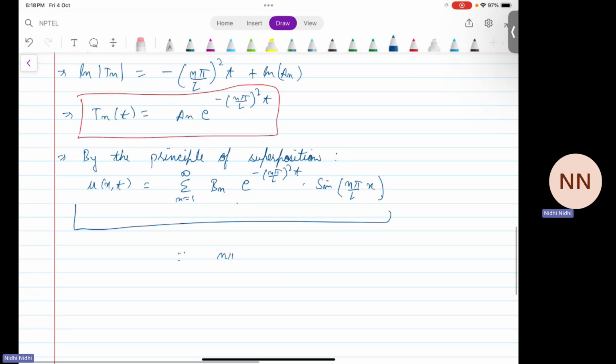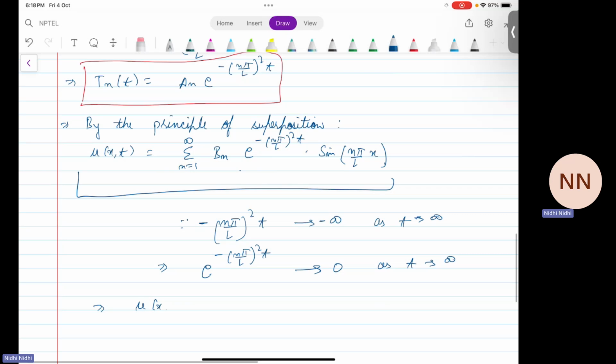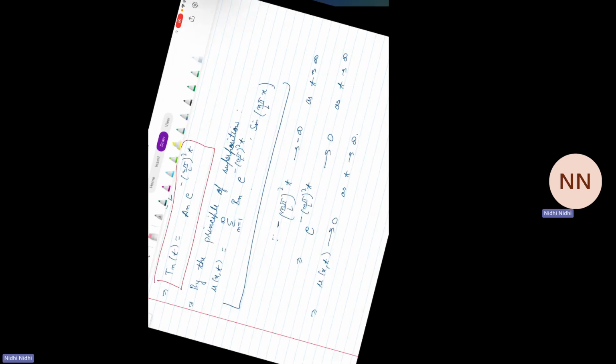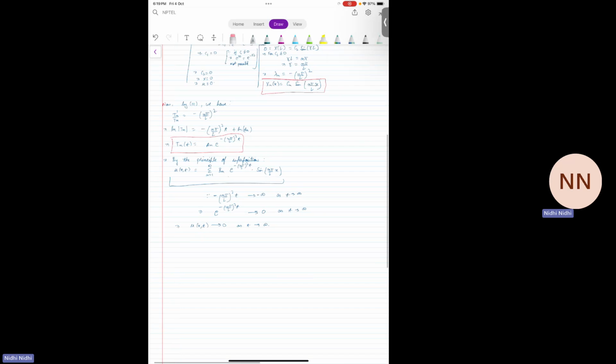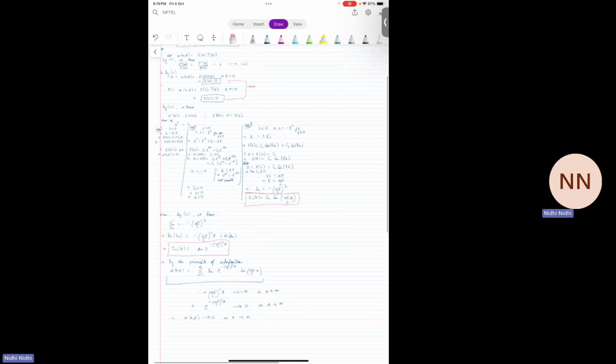Now since n pi by L whole square t tends to infinity as t tends to infinity, or we can say that minus of this tends to minus infinity as t tends to infinity, this implies e to the power minus n pi by L square t will tend to 0 as t tends to infinity, which gives us that u of x,t tends to 0 as t tends to infinity. I hope this solution was fine with everyone. I would like you to go through the solution once again, and if you have any doubt, please let me know.